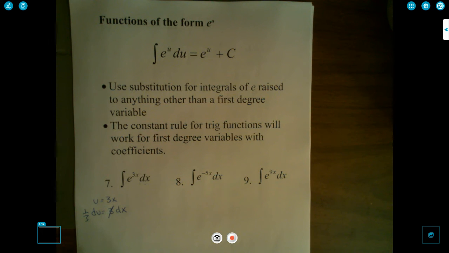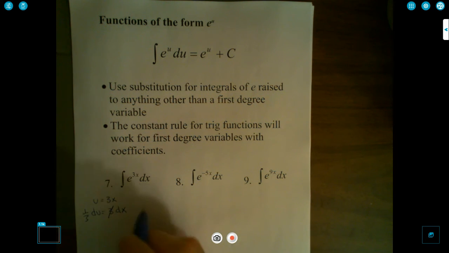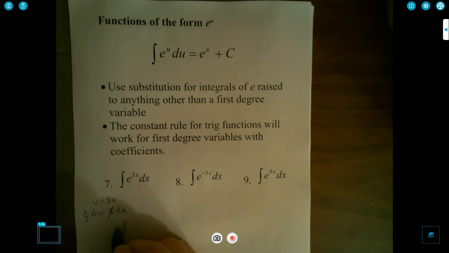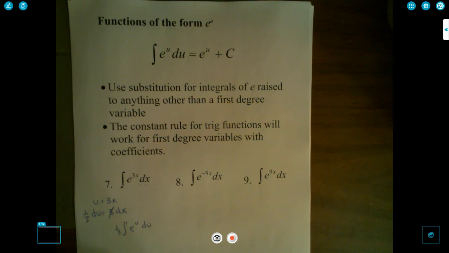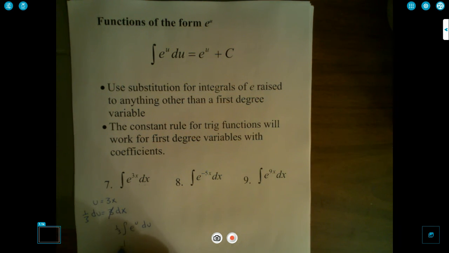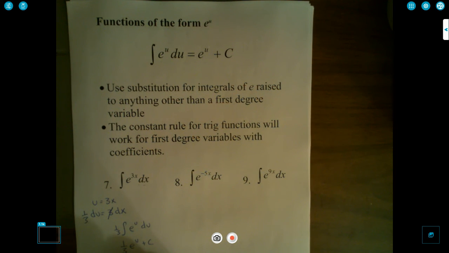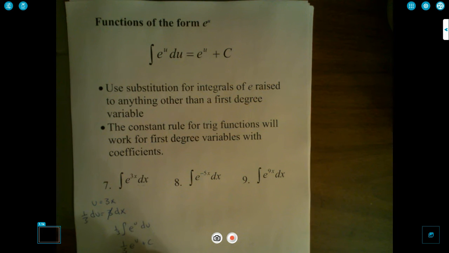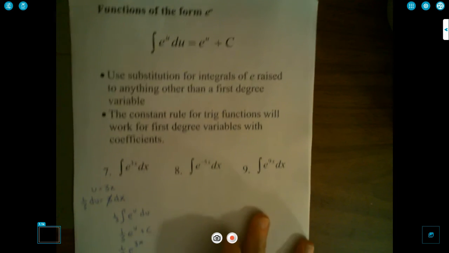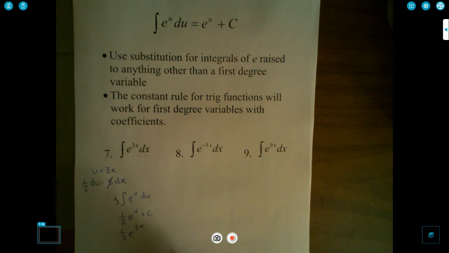So I'm left with 1/3 du. If I go ahead and write my integral out, it's going to be 1/3 e to the u du. We do the integration. I get 1/3 e to the u plus c, and then we substitute back in. So I'm left with 1/3 e to the 3x plus c. Done.